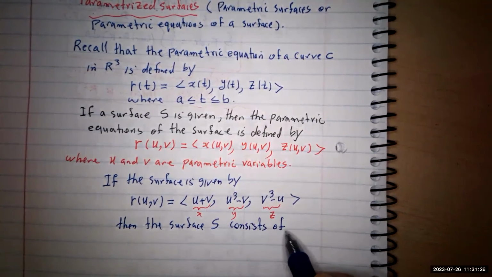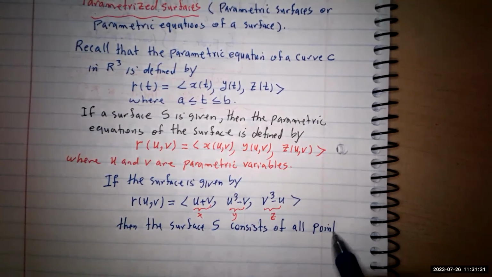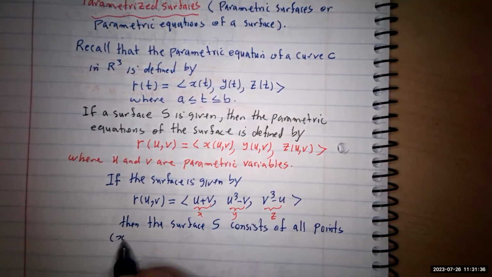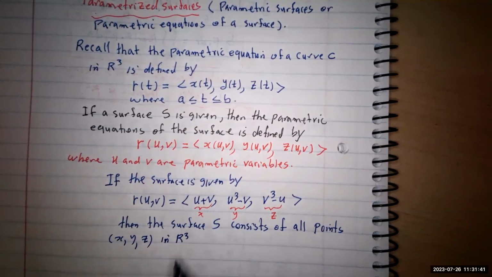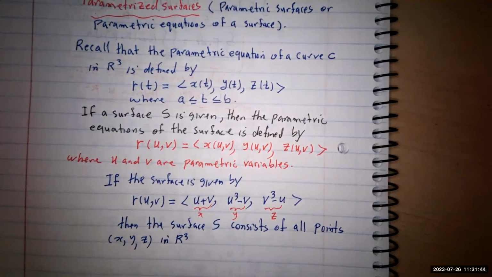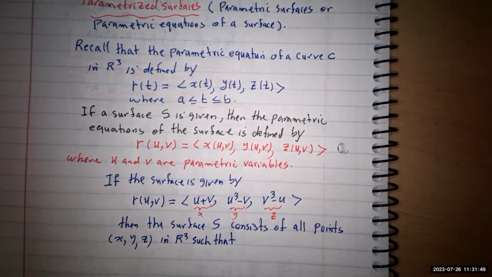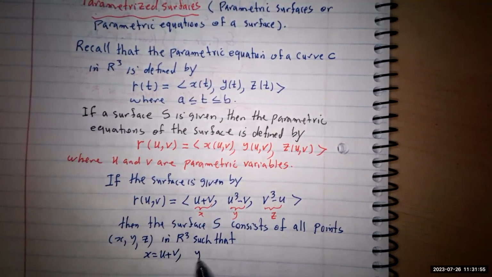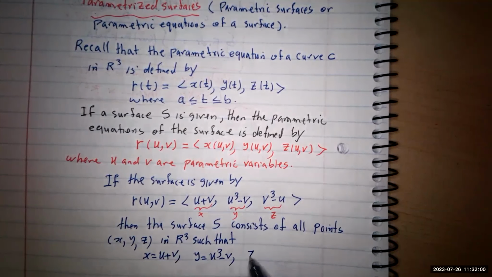It consists of all points X, Y, Z in R3 such that X is equal to U plus V, Y is equal to U cubed minus V, and Z is equal to V cubed minus U.